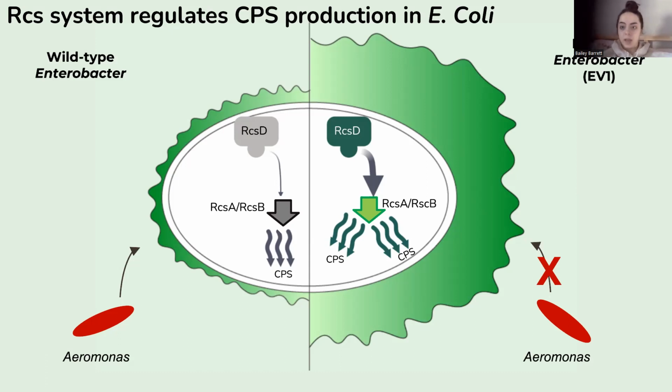This is something that has been seen in the literature with E. coli. So rather than keeping the cap associated at the cell surface, where Aeromonas would actually bind to it and then stick to them, they're just shedding it off frequently. So the Aeromonas might be binding the cap, but then it isn't actually keeping the Enterobacter with it.